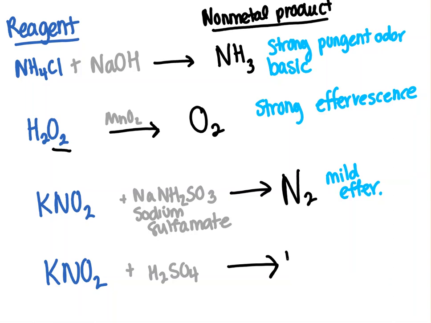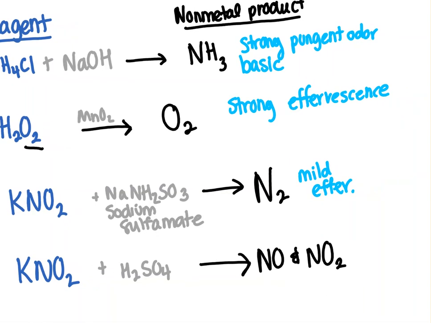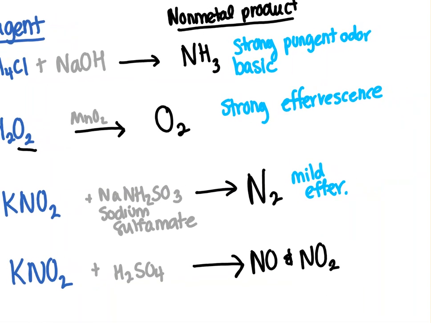It makes two compounds that are mixed. And these are a little bit easier to spot because they have a color. The gas does, yellow or brown gas, and they have a sharp odor.